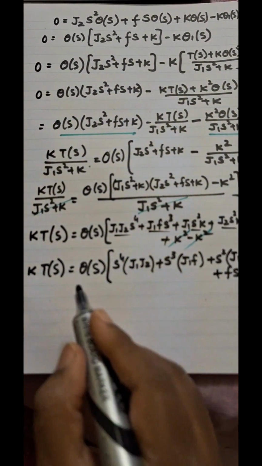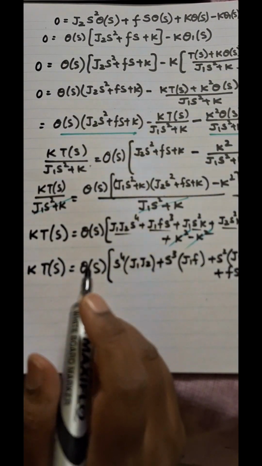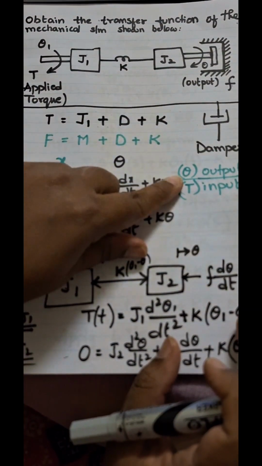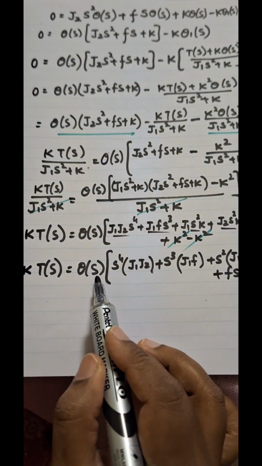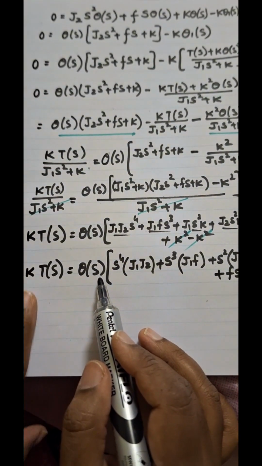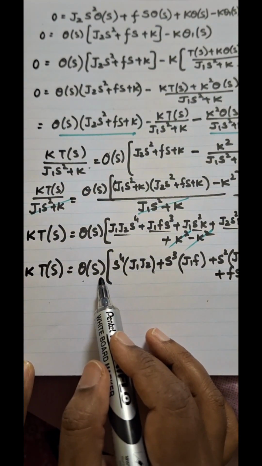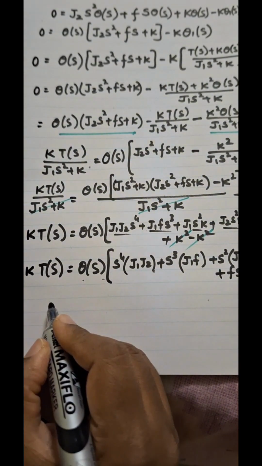Okay, my requirement is what? At the beginning itself we decided that our equation should be theta by T. Theta is here, so T should come this side. When T should come this side, this should go that side. So what it will be?